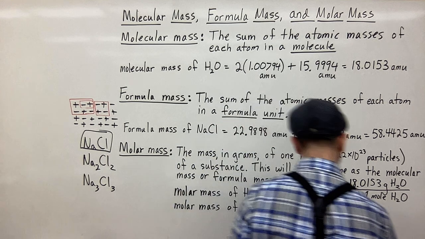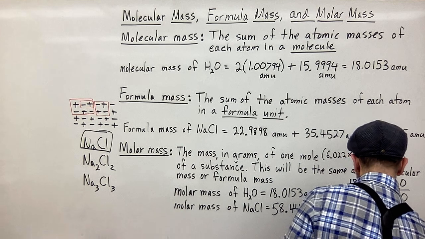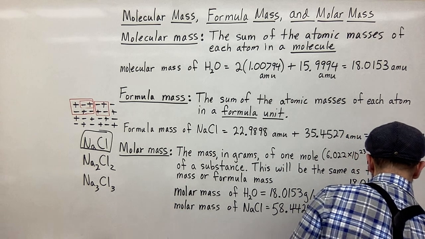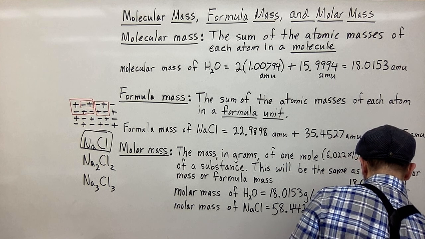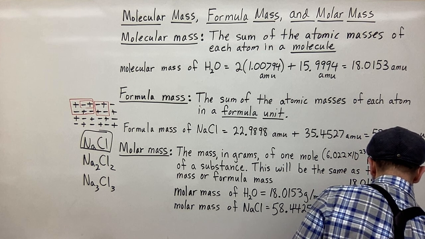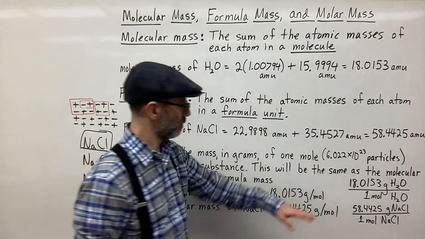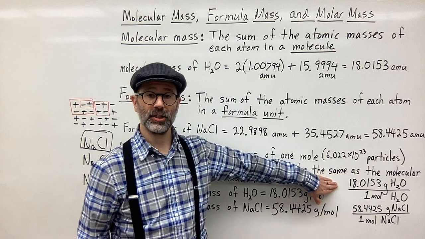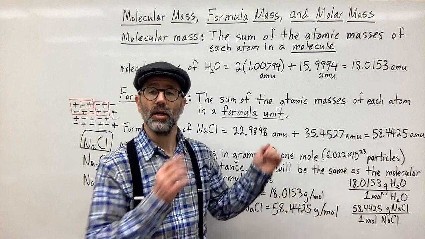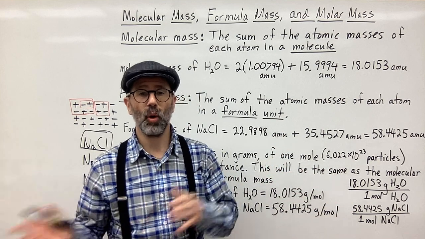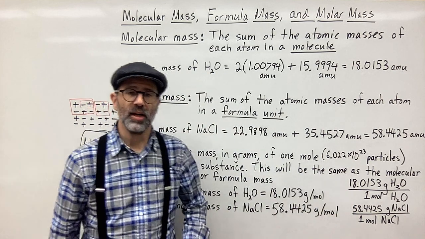Or I could have 58.4425 grams of NaCl over 1 mole of NaCl. So I can use this as a conversion factor. And remember, the conversion factor can be flipped depending on if you want to go from grams to moles or from moles to grams. So remember this. This is very useful. So that's it for this video.